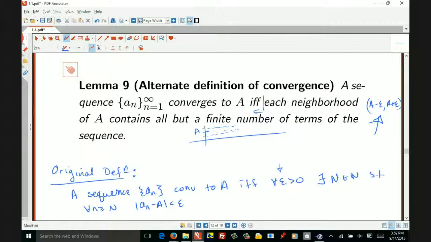There might be a certain number that don't fit into that range until you get to 1,000 or more, and then the rest of them go into it. It contains all but a finite number of terms, the first finite terms, but every term after that is contained in it.